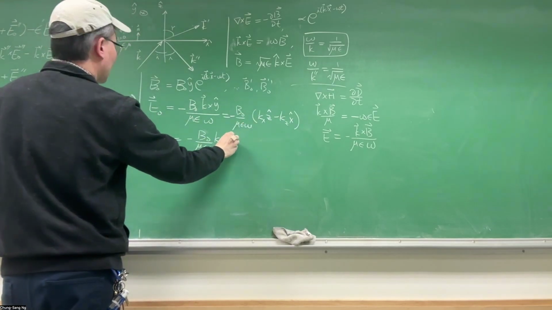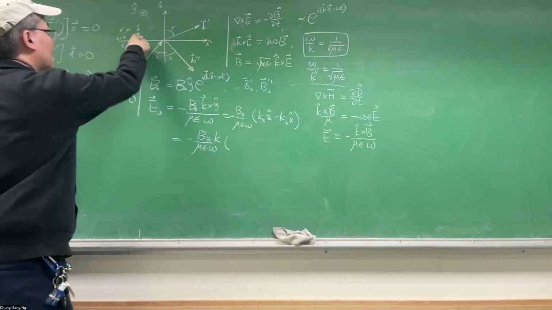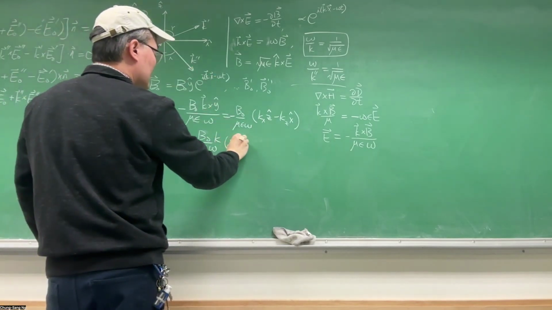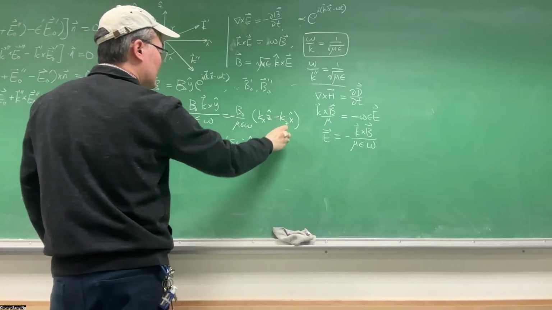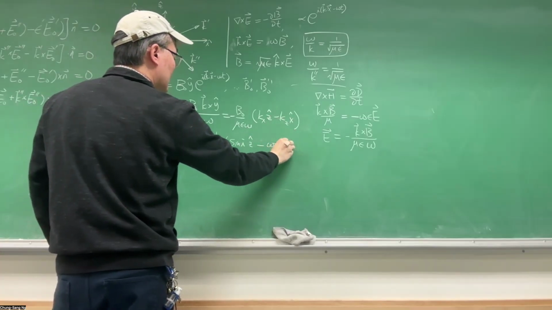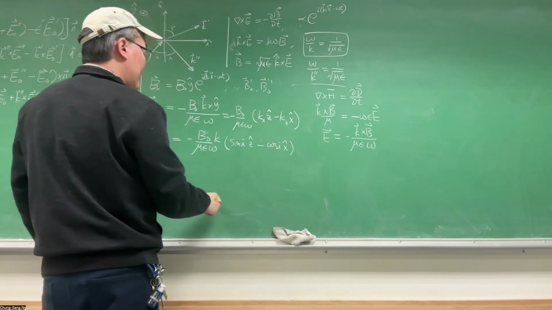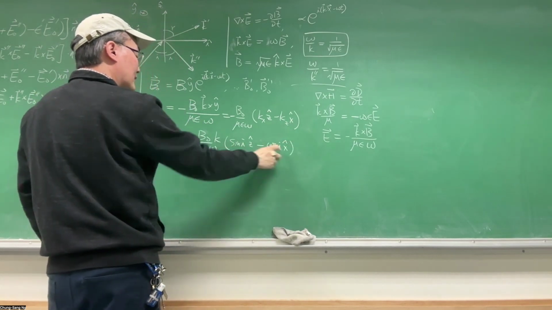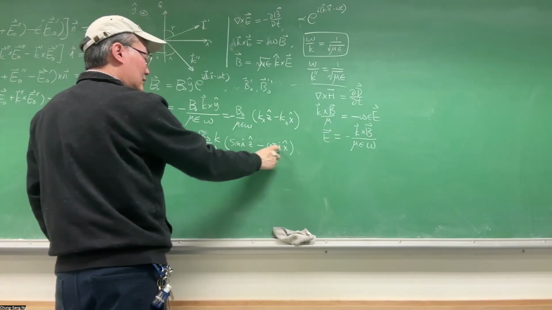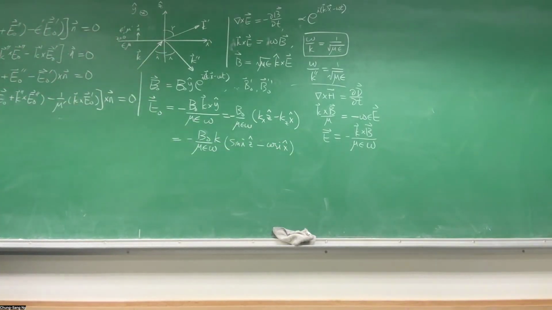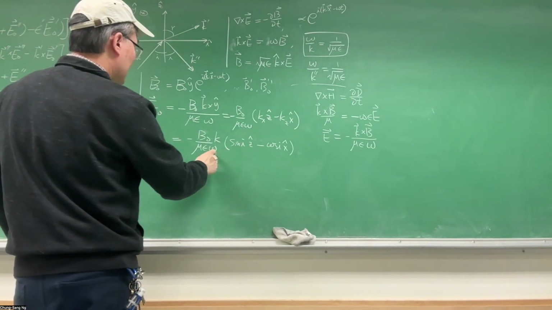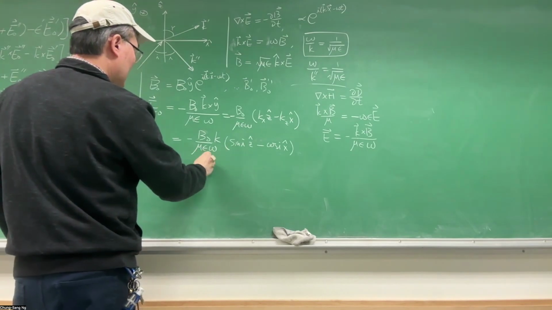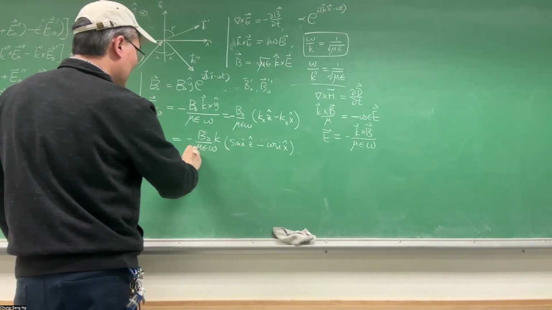The x component is sine i, and then the z component is cosine i. Okay, and this is a unit vector because the magnitude of this bracket is sine squared i plus cosine squared i, which is 1. So this is a unit vector, and this magnitude is what we call the E0.